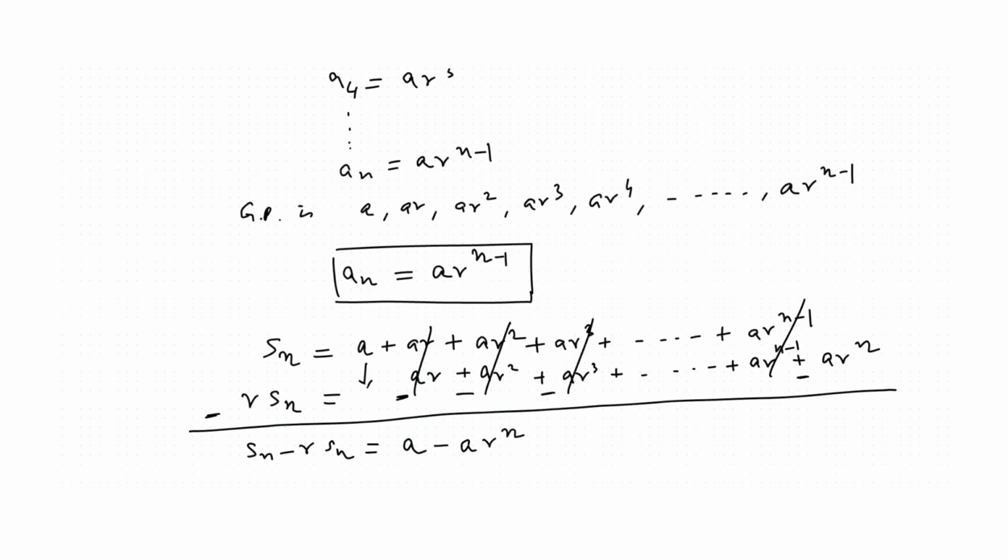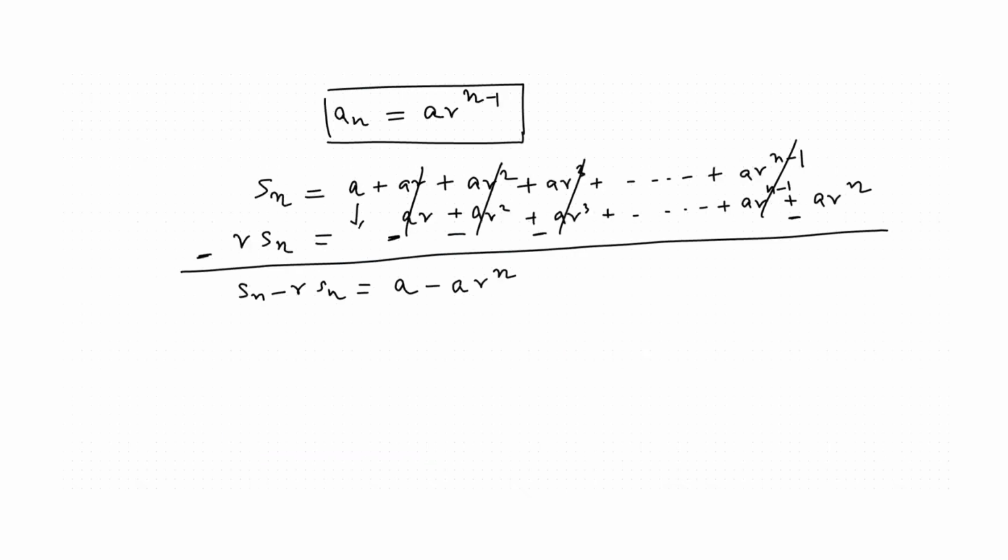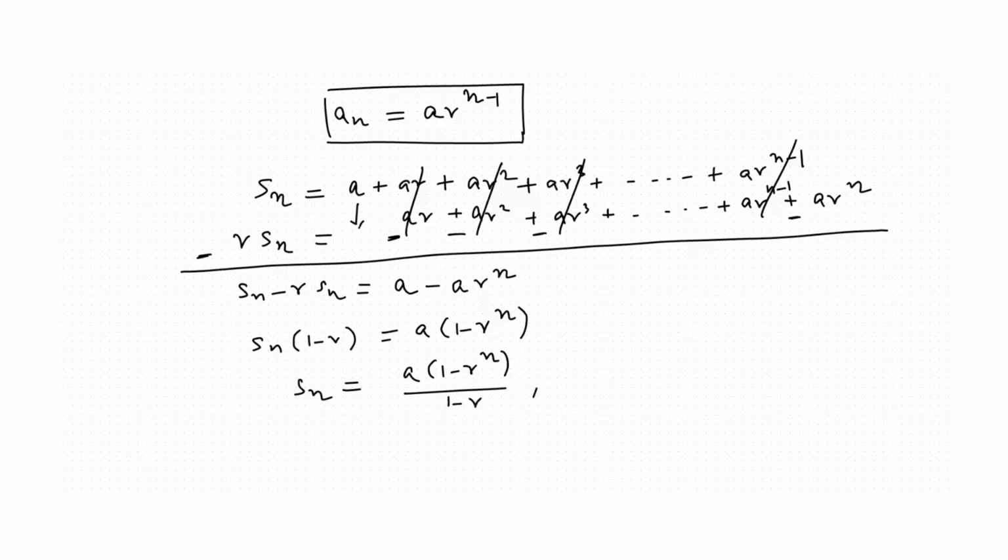Now here, take Sn common, 1 minus R, and then A, 1 minus R power n. So Sn would be A 1 minus Rn upon 1 minus R. Now remember here that R should be less than 1.